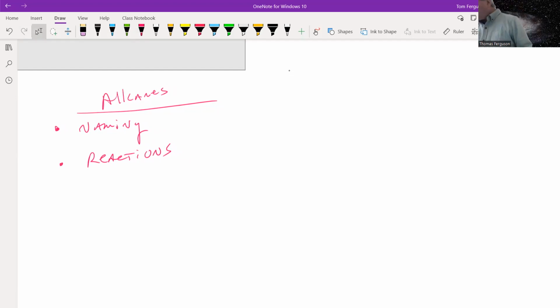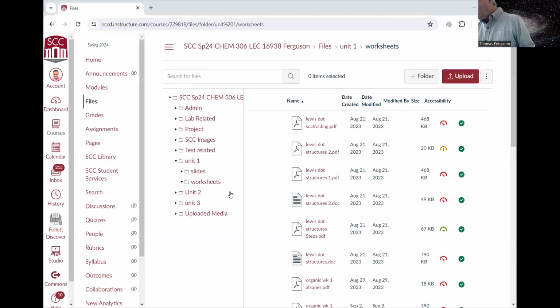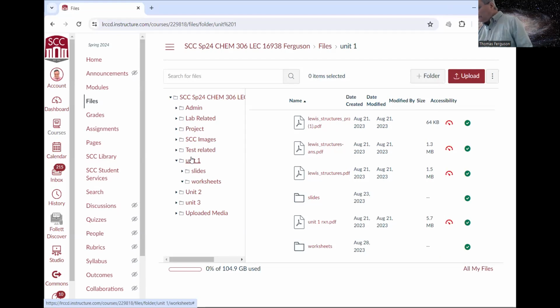Okay, so I'm going to stop here for a second. Now, right here, it says Unit 1 reactions.